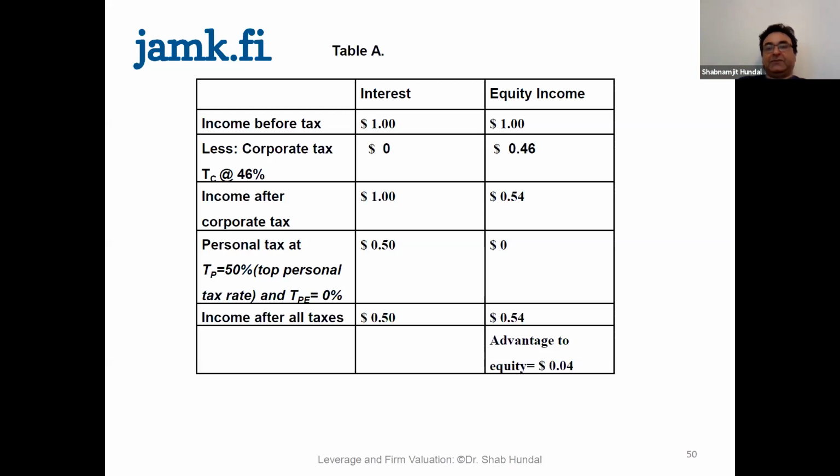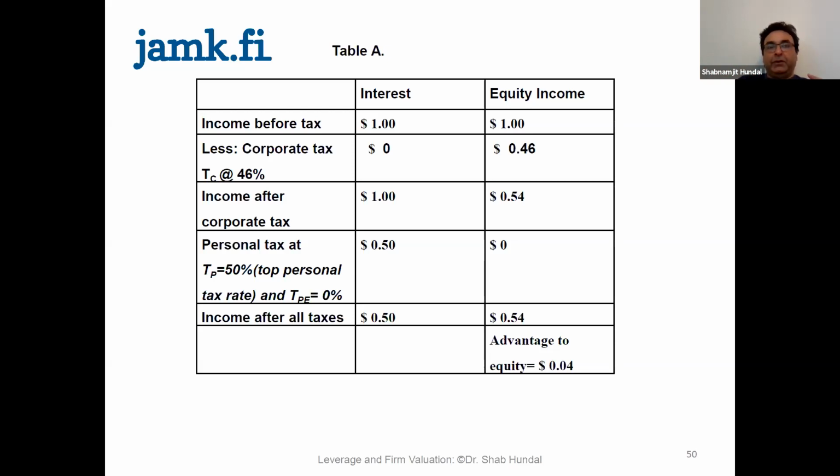But here comes the line of judgment. Here comes the fairness. When it comes to the personal income tax, we find that all the advantage which debt has may be, not always, compensated by the personal income tax becoming more favorable to equity rather than debt.